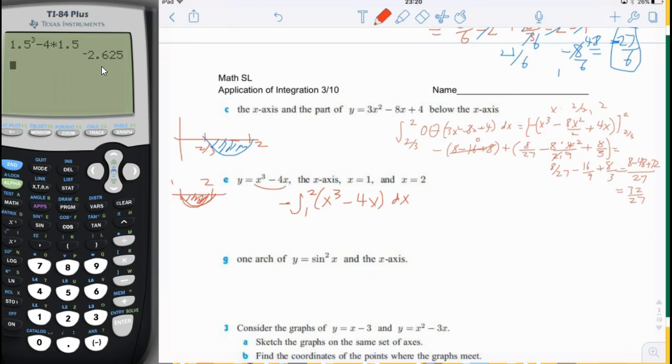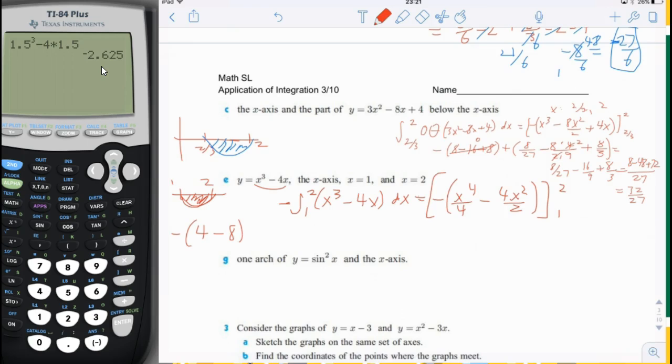Okay, so I'm going to take the integral, and it's going to be x to the 4th divided by 4, got a negative on the outside of this, minus 4x squared over 2, and I'm going to evaluate this integral from 1 to 2. So first I put 2 in here. I'm going to get negative 2 to the 4th, which is 16 divided by 4, which is 4, minus, and then I have 2 squared, which is 4 times 4, 16 divided by 2 is 8.